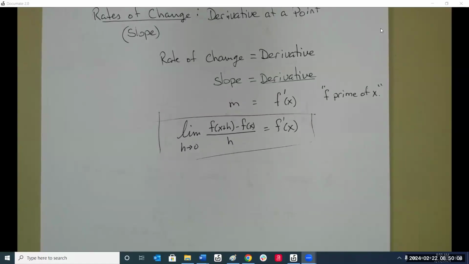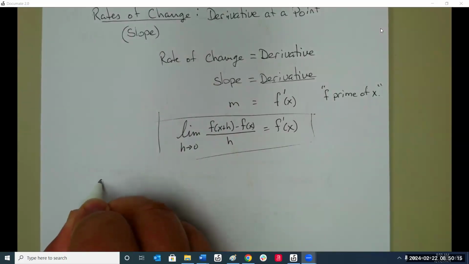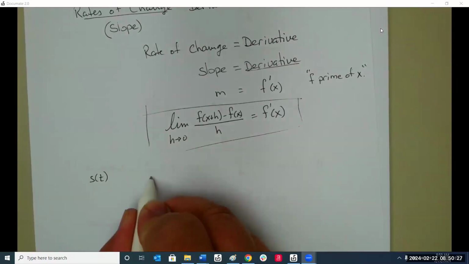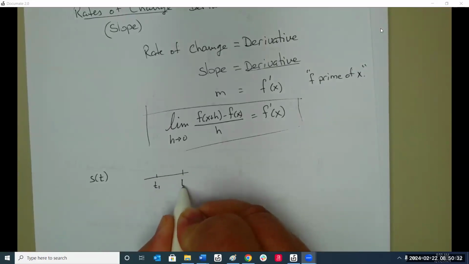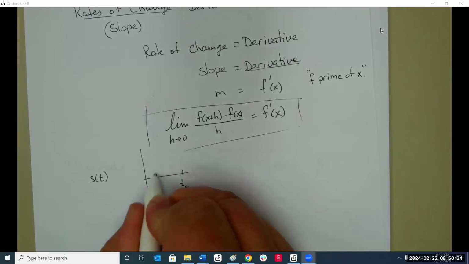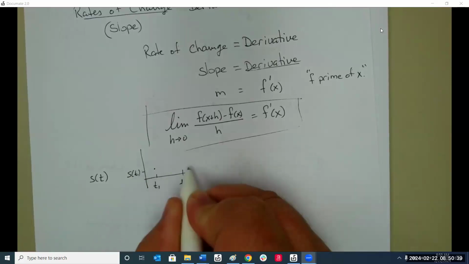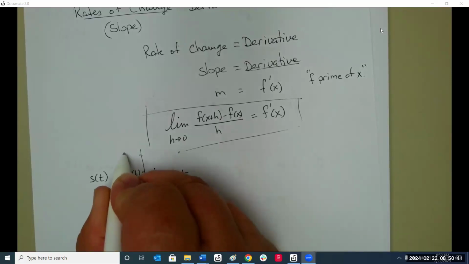There are other applications to it. For example, in motion problems, the rate of change, you have a position function. That's where an object is at one point of time. As it's moving, it has t1, t2, which now correspond to s of t1 and s of t2.